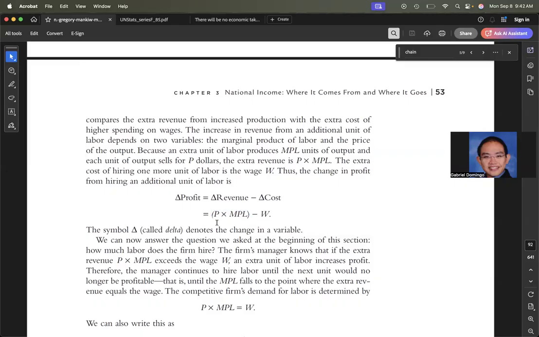No matter how much it sells, P will be the same. In particular, if you decide to increase L by 1, the price will still be the same. So the price times MPL is just the extra revenue you will get after you decide to produce one more unit. So this is the increase in revenue, price times marginal product of labor.